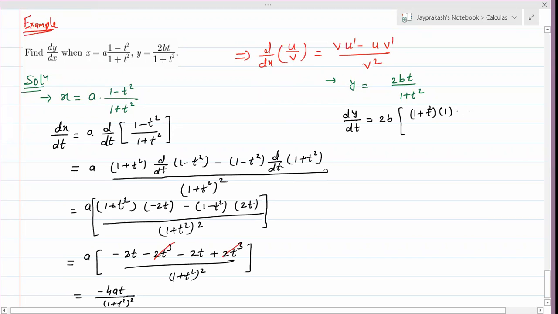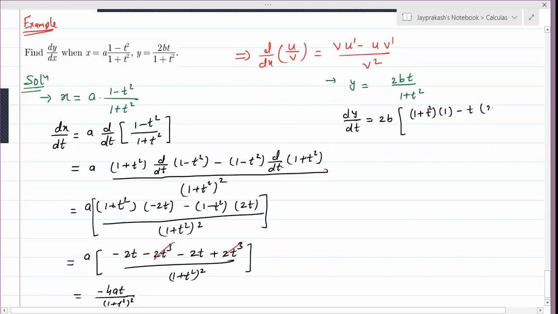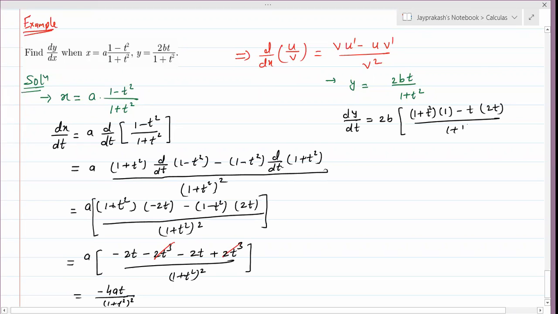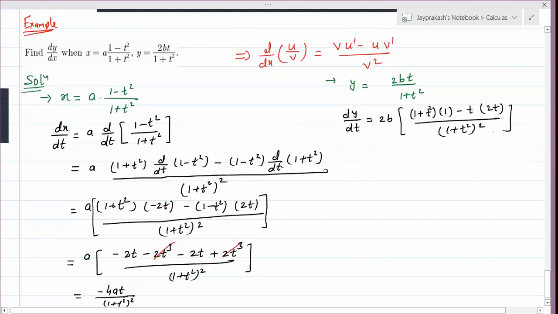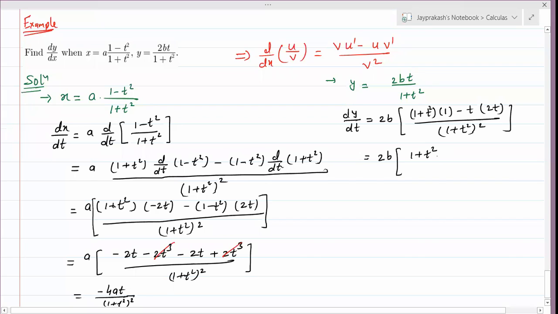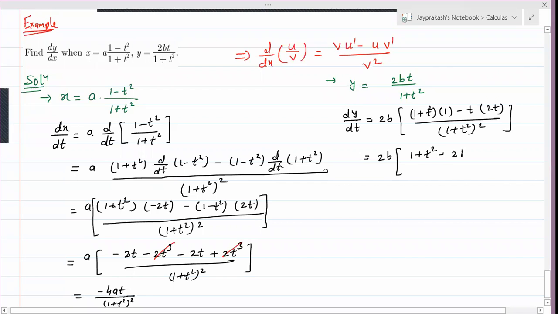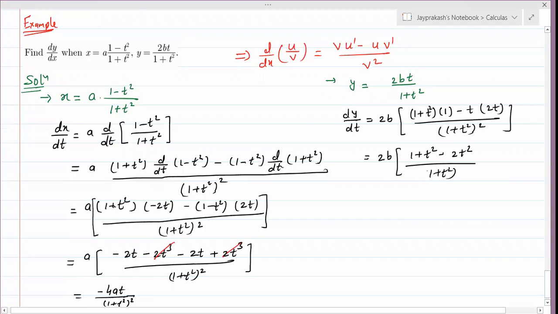One minus t square, 2t, (1 plus t square) whole square, one plus t square, and this one is minus 2t into t square whole square.